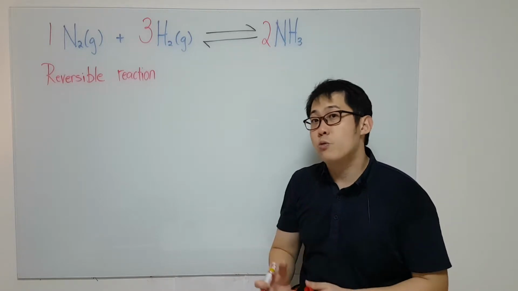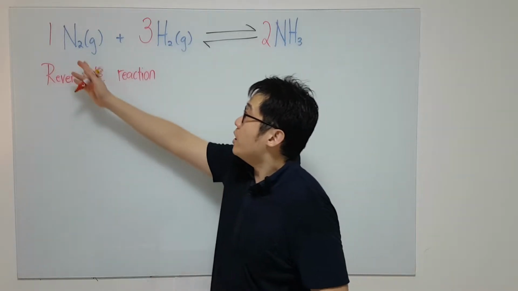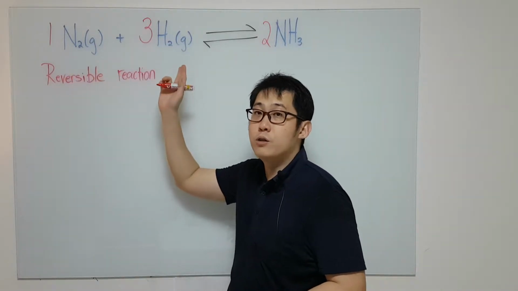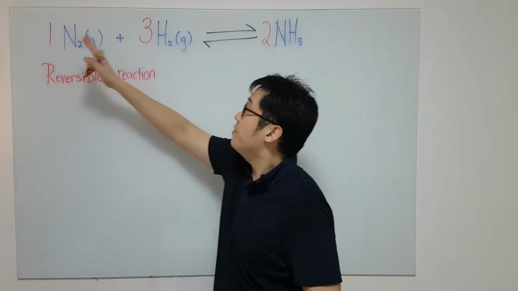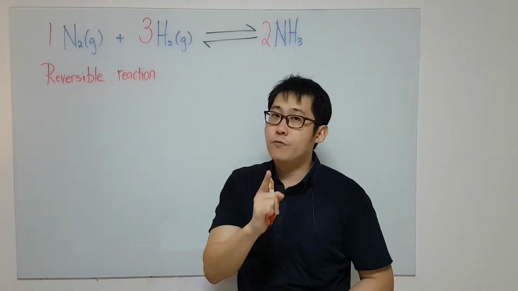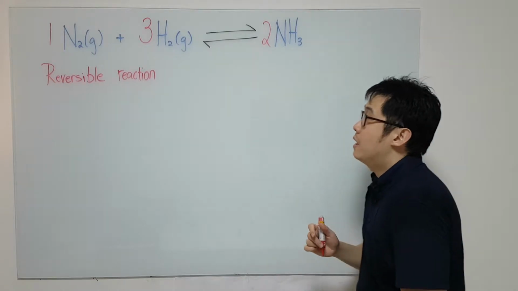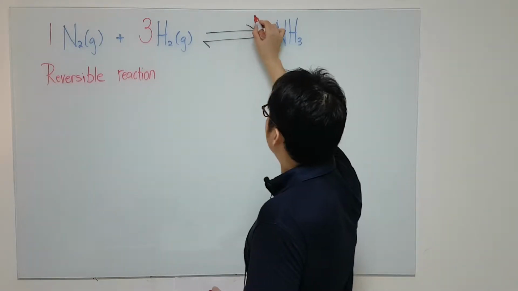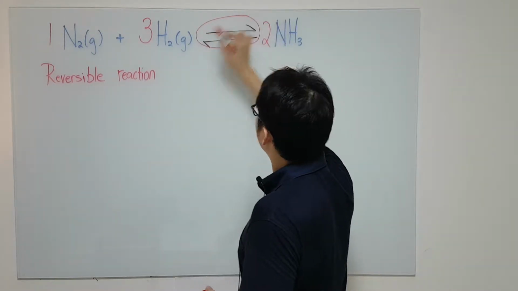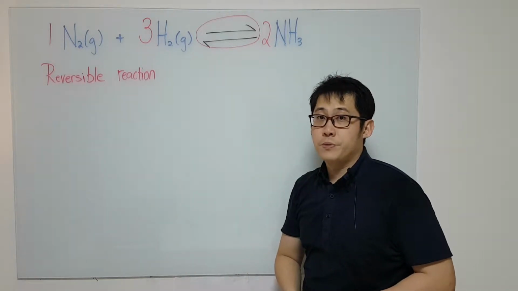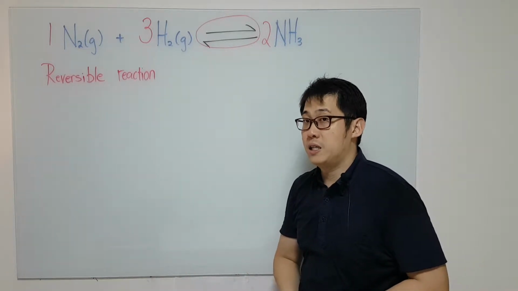This means that in reaction, you need to have a ratio of nitrogen to hydrogen in a ratio of 1:3 by volume. Okay? Now, in this case here, you will see that this arrow here is a double-headed arrow, not something that you commonly see in the past.